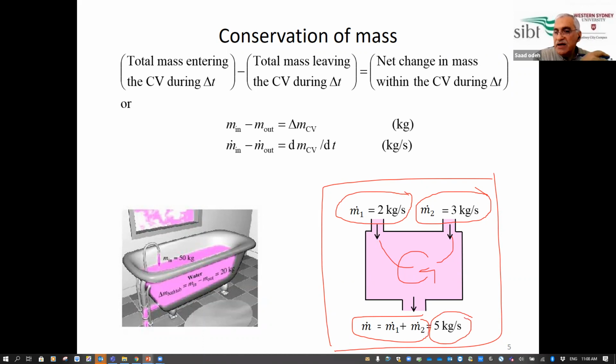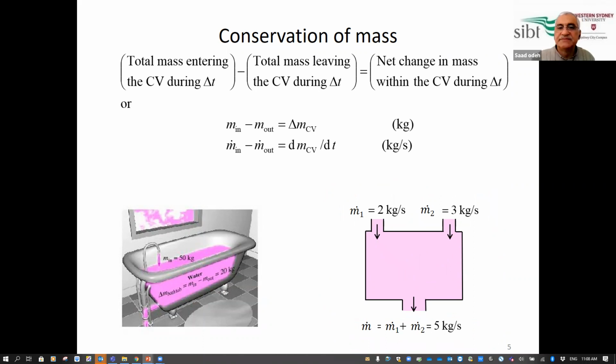It's just a very normal balance. You balance the exit with the inlet. So whatever inlets you have, you add them all, and the total should equal the exits from the system. Okay. Any question? Okay.